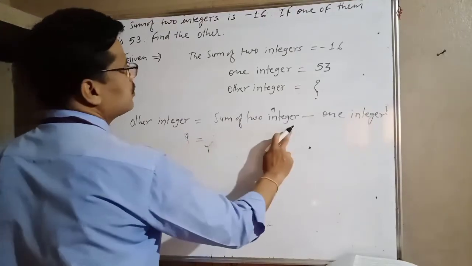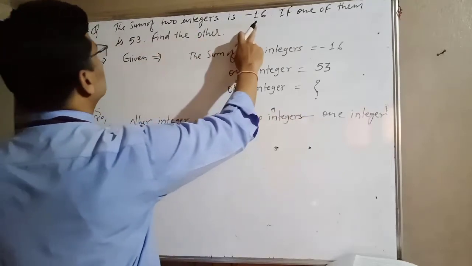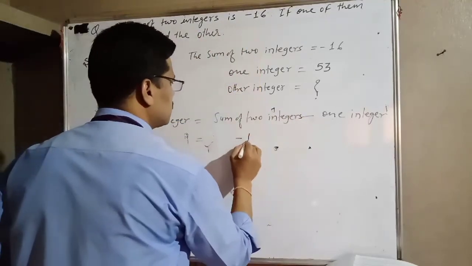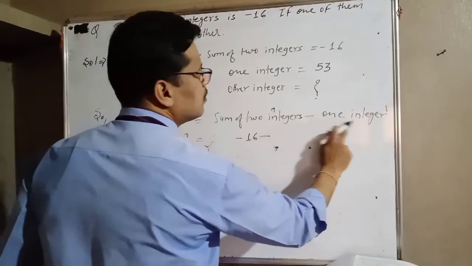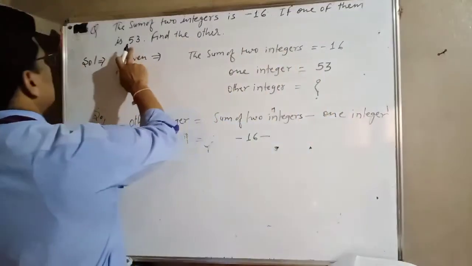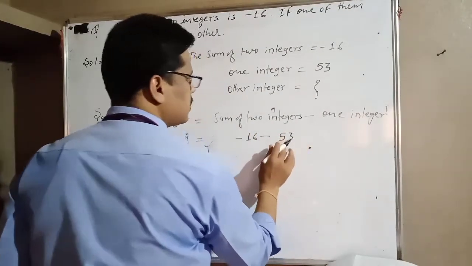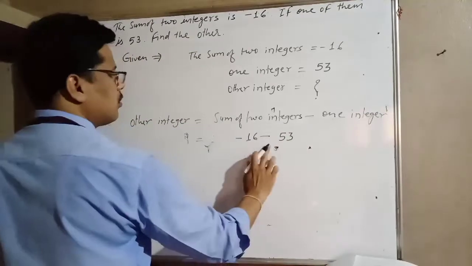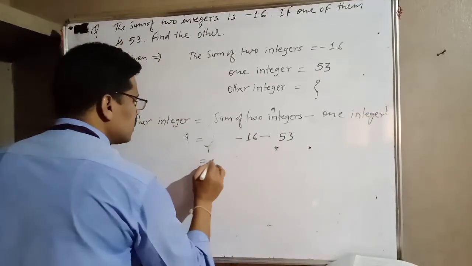Here write the sum of two integers. What is the sum of two integers? Minus 16. So we write here minus 16 directly. This minus sign will come as it is. One integer, what is the one integer? 53. So we write here 53. It's positive, that's why we are not putting the bracket. So both are having the same sign, negative, they will be added.